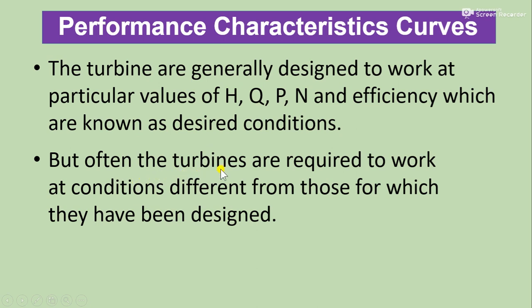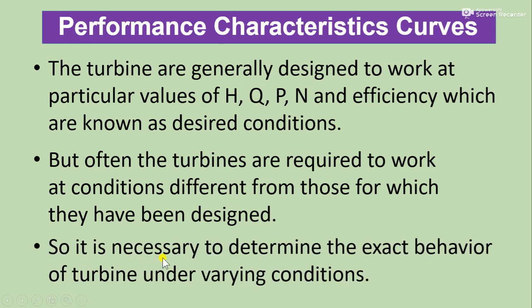But often the turbines are required to work at conditions different from those for which they have been designed. This happens in actual practice. So it is necessary to determine the exact behavior of the turbine under varying conditions of head, discharge, power and speed.